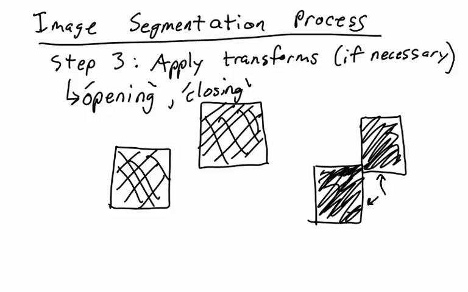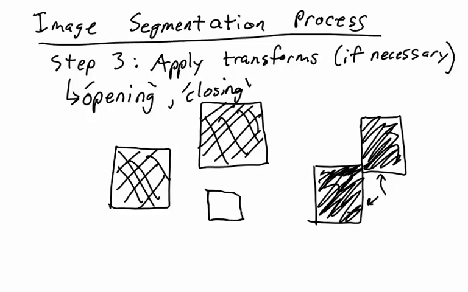A closing algorithm is good when a single object has been broken up into pieces. For example, perhaps you want to identify a square, but the square has pixels that are left white after you've converted to black and white.